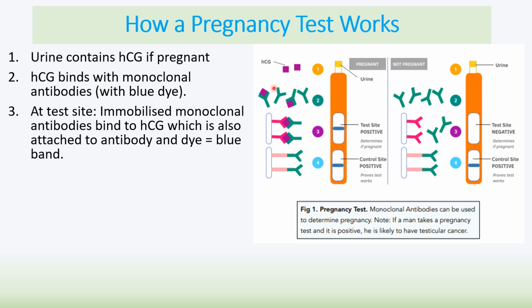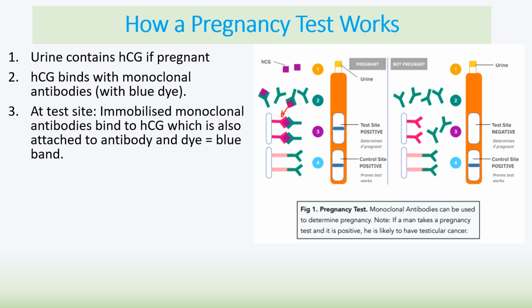Now, at the test site, if you are pregnant and you do have this HCG hormone, there is a layer of immobilized monoclonal antibodies. So these red ones here are monoclonal. They are attached to this position in the test kit. What will happen is the HCG will also bind to them in the red area here.